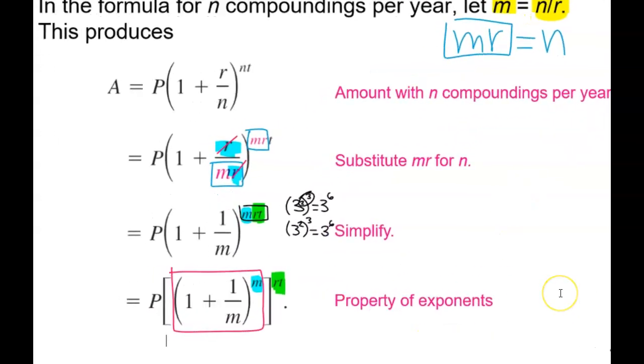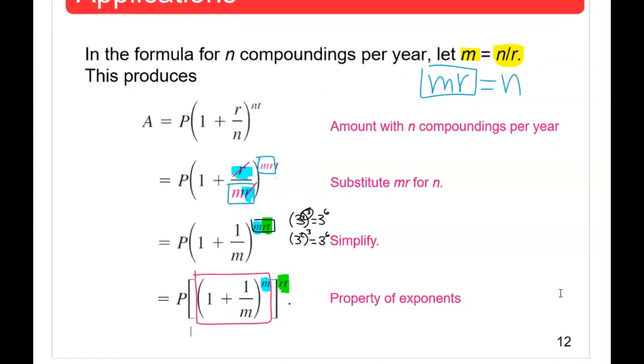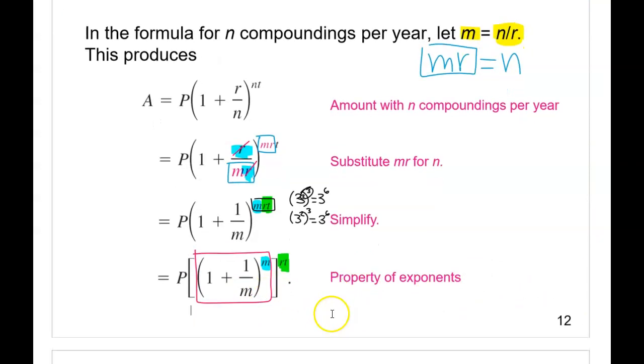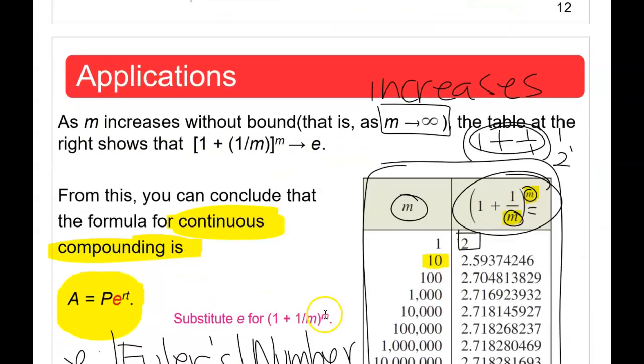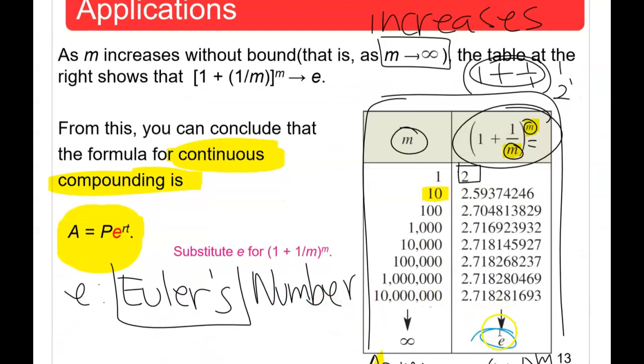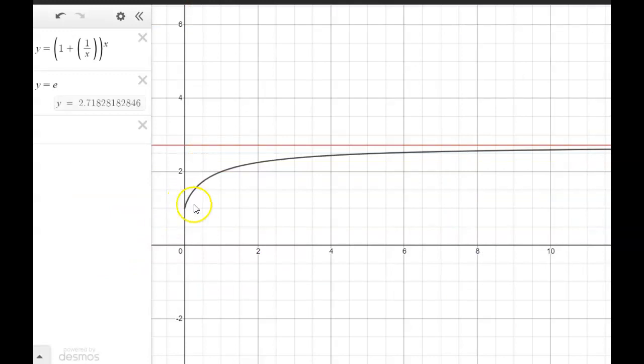All right, so if that is entered on the calculator as a function and you want to graph it, you could see that the greater the value of m, the closer it gets to the approximation for e. So I'm going to graph it. Right here you could see the graph, and red is just a horizontal line, the equation y equals e to the power 1, which is approximately y equals 2.718.